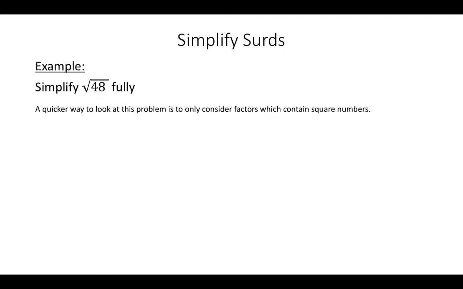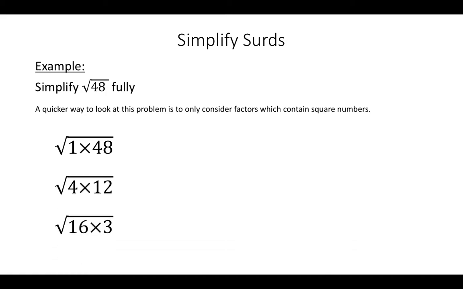Okay, so here we have another problem, and a quicker way to look at it is to only consider the surds which can simplify. So in the square root of 48, we have 1 times 48, which contains the squared number 1. We have 4 times 12, which contains the squared number 4. And we have 16 times 3, which has the square number 16. So if we go through the process once again, the first one doesn't really make a great deal of difference, it just gives us 1 times root 48.